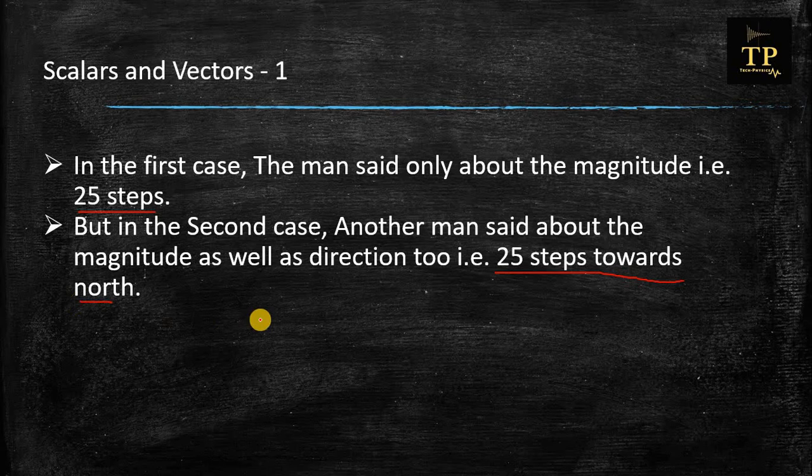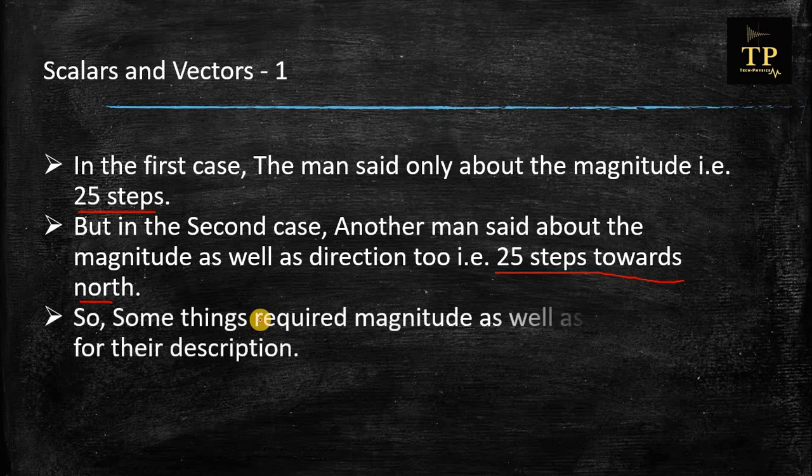Here he has specified the direction, where to go, and that's why Sam got his way. From here we understood that some things require magnitude as well as direction, that is, not only numbers but direction too.